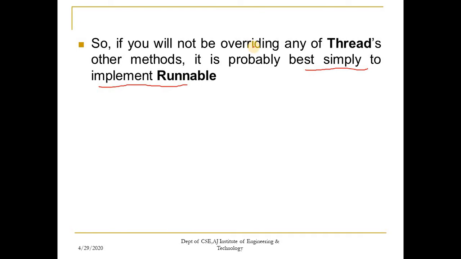If you are going to override the other methods also, other than the run method, then you should go for extending the Thread class. Otherwise, simply go for implementing the Runnable interface.